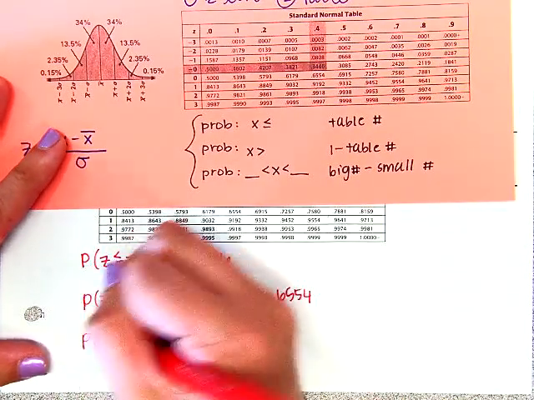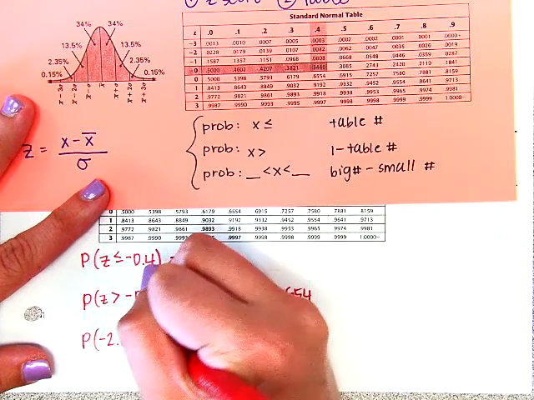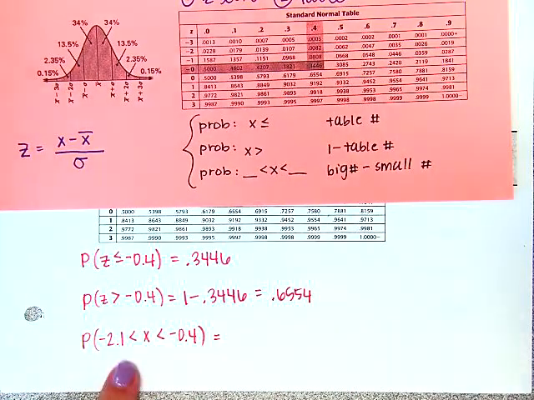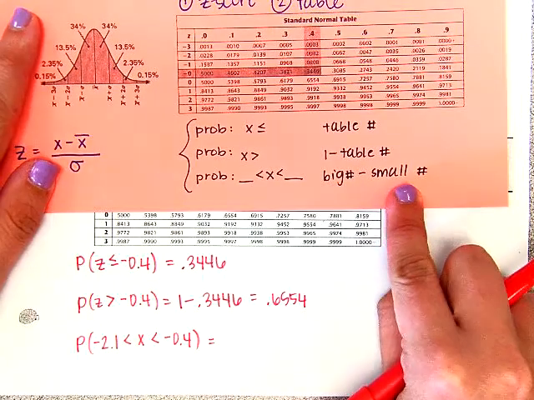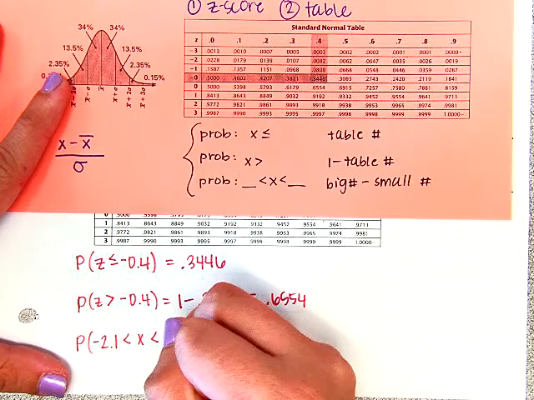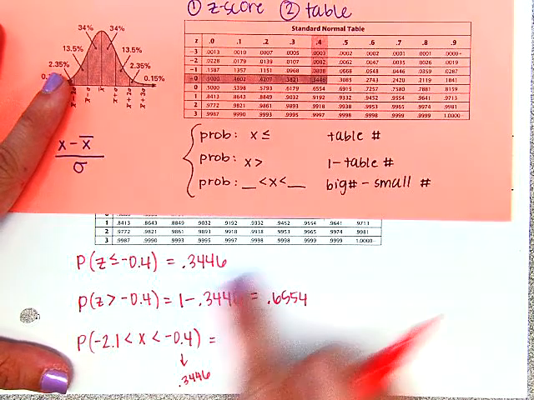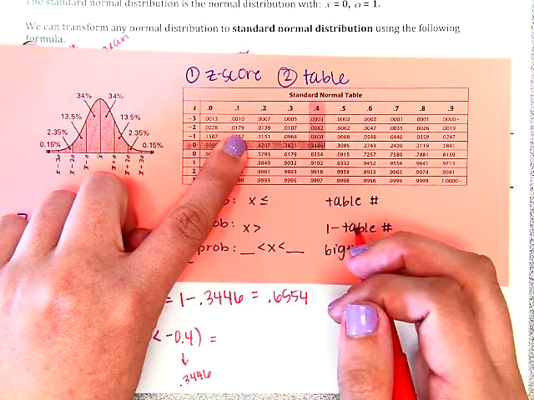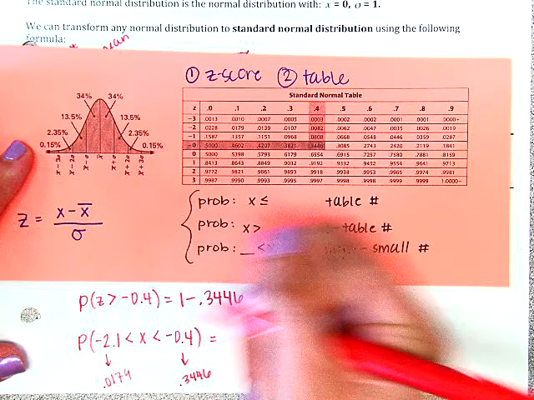Say I want to go between two values. So if I want to be between negative 2.1 and negative 0.4, those are my z-scores. I do my big table number minus my small one. The table number for this one was 0.3446. We already found that. I'm going to do the table number for negative 2.1, which is 0.0179.